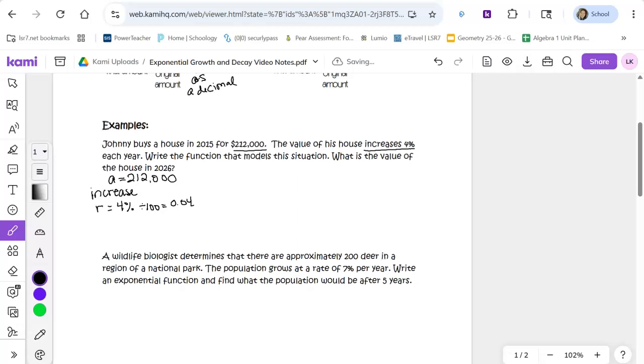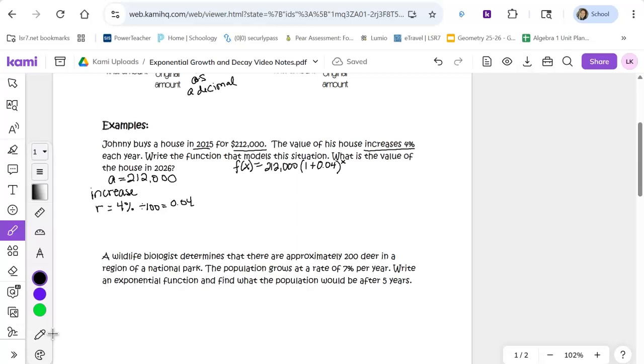So the model or the function would be f of x equals our a is 212,000 times 1 plus our rate as a decimal to the x power or the t power. Now it wants to know what the value is in 2026.